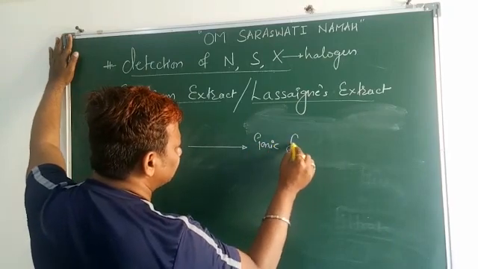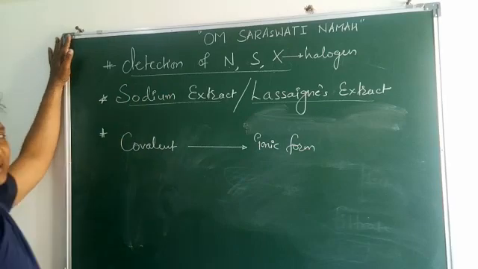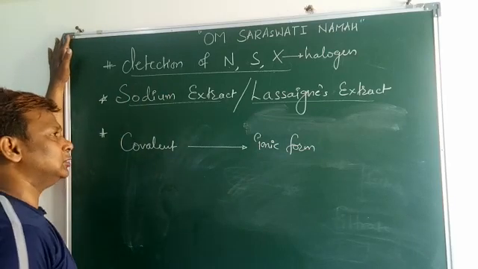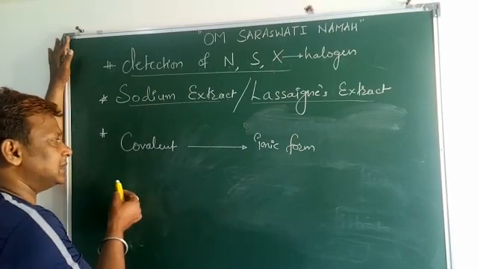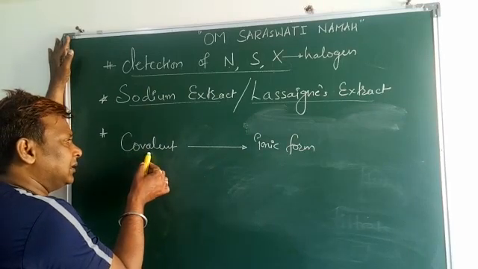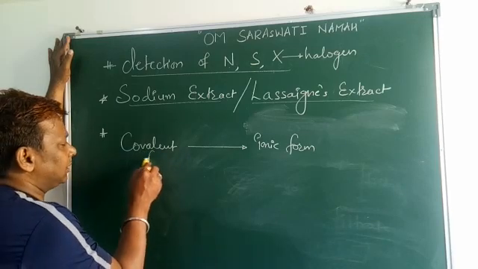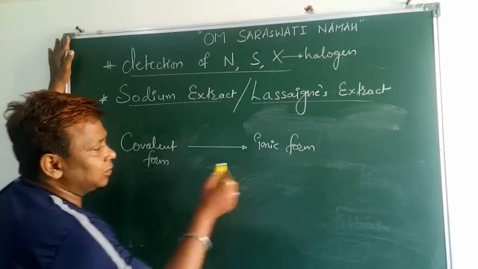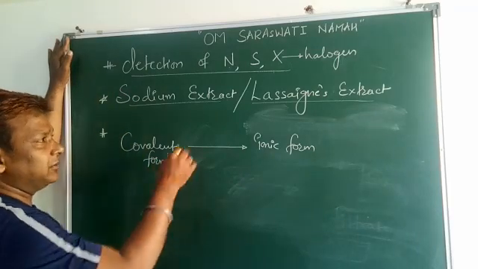It's the most important line for the preparation of the Lassaigne extract. If anybody asks you what is the necessity to prepare the Lassaigne or sodium extract, the principle behind it is that the element present in the organic compound is in covalent form, and this covalent form of the element we are going to convert into ionic form. That is the principle behind it.